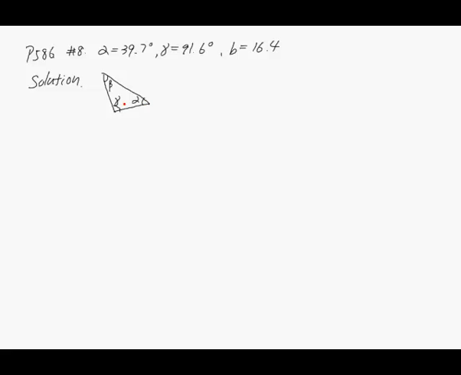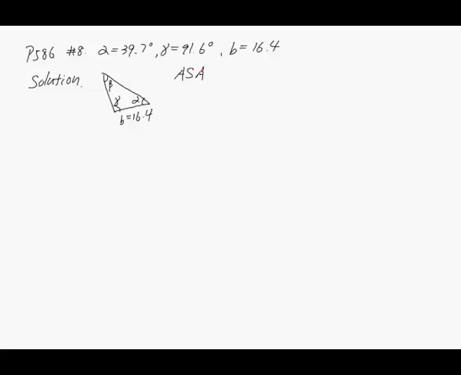So now B is the length of the side opposite beta. So this is B, and B is known, 16.4. So now you know this is the case angle side angle. So it's the case A, S, A, right?